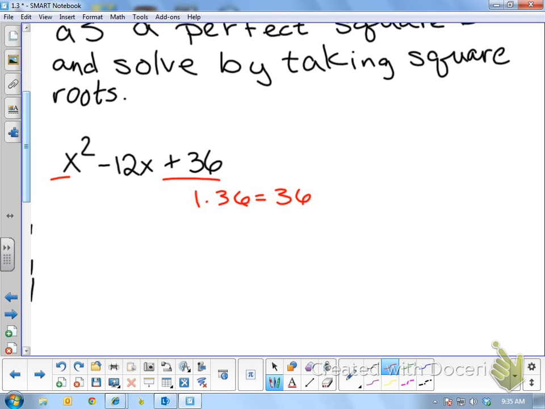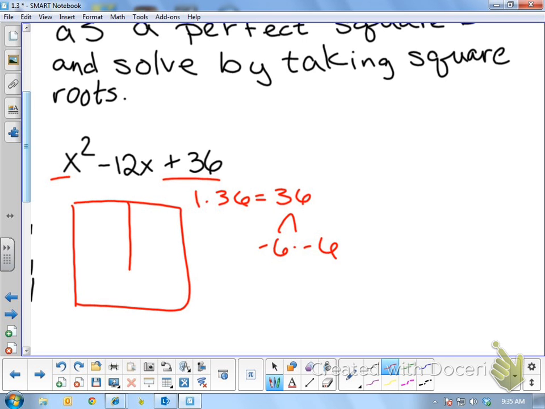So what numbers should we use? Negative 6 and negative 6. This is box method. It's going to help us look for a pattern that we're going to use when we're completing the square.